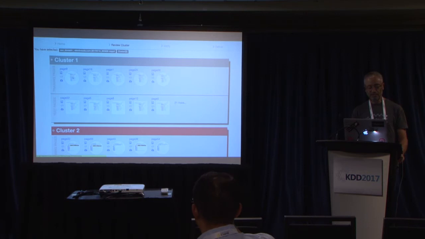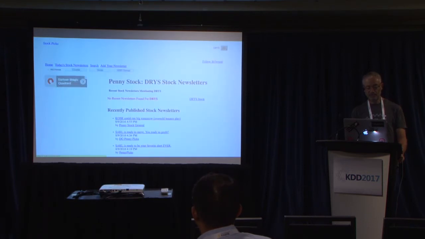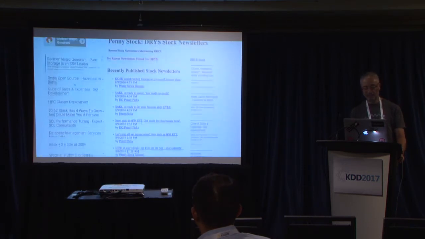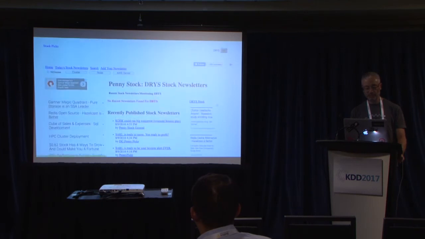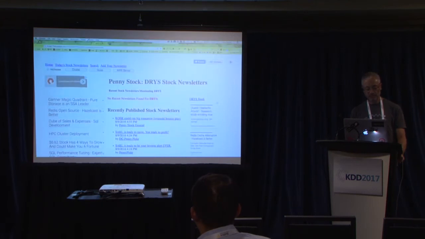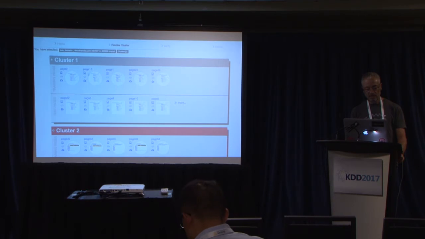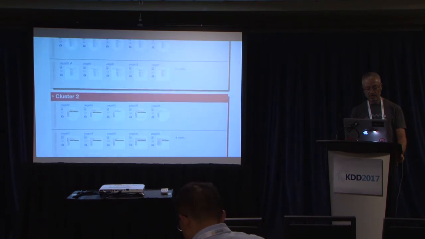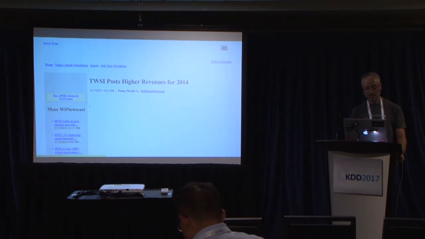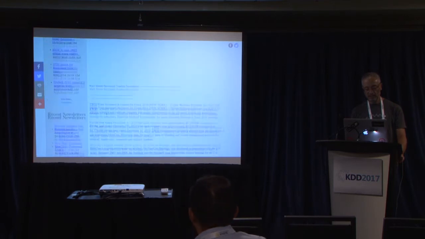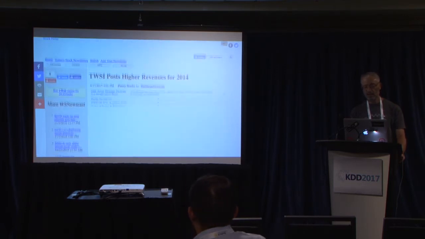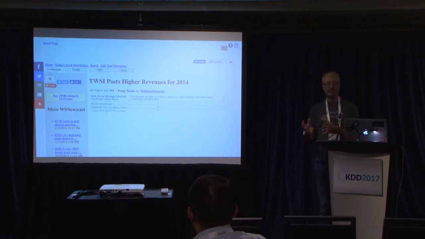So I can look at the pages in a cluster. This cluster contains pages that look like this. And this other cluster contains pages that look like this. As you can see, that one website can have different templates of pages.